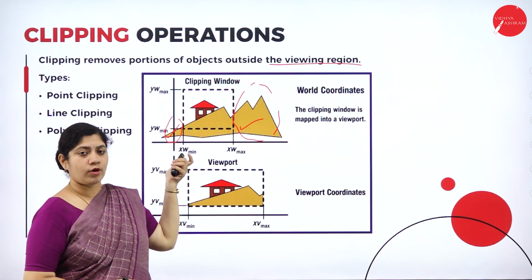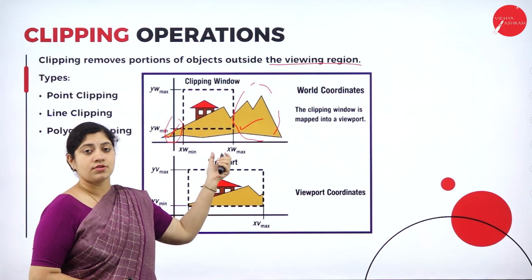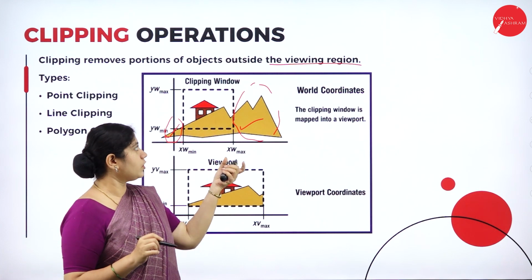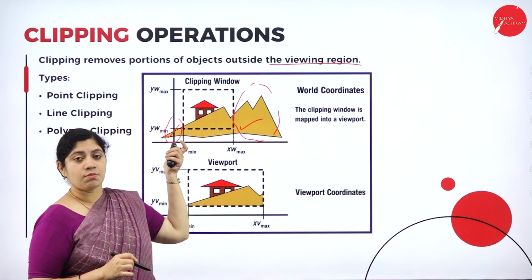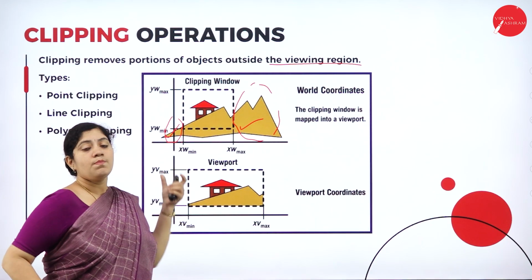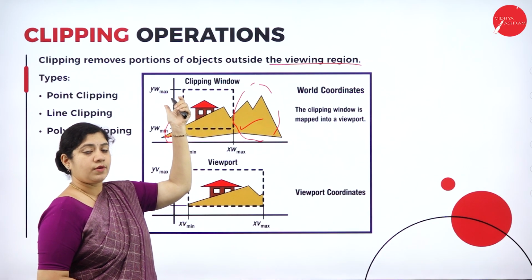So for the starting point we can call it a minimum. Next, xw max, the x coordinate with respect to the maximum portion of that window. Similarly, yw min, y in the sense y coordinate, w for window, minimum point. Next, with respect to the maximum point, yw max.